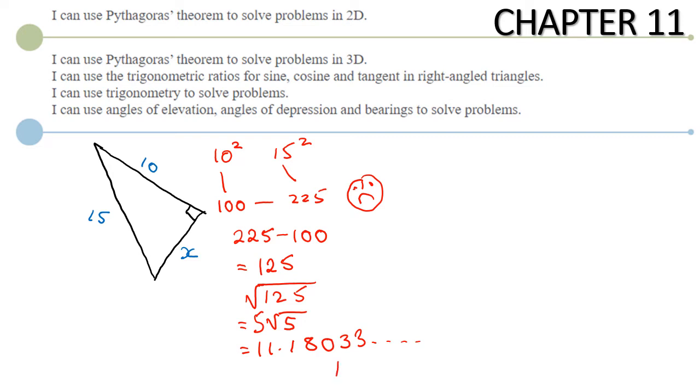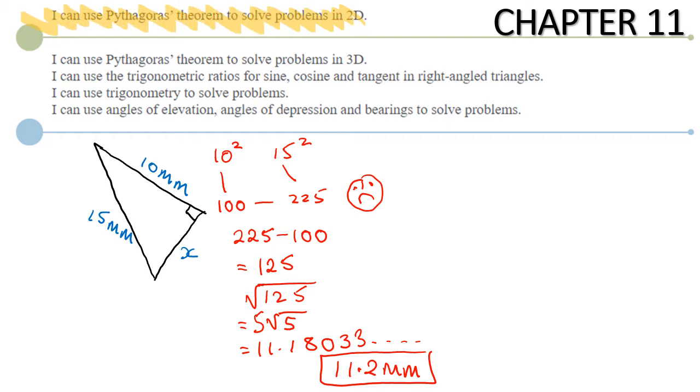So maybe 11.2. And let's give this some units. So let's say these are all millimeters here. So I'll give my final answer 11.2 millimeters. So we've done an example finding the longer side and the shorter side. So we've basically gone through this part here.